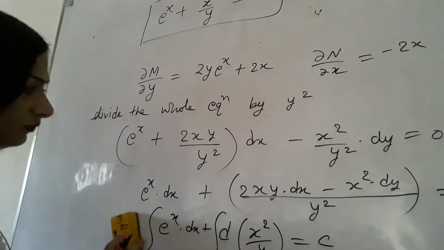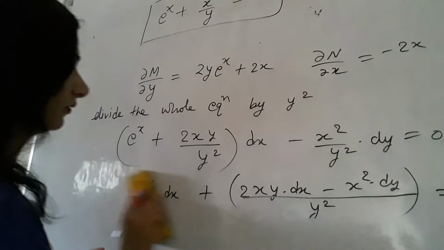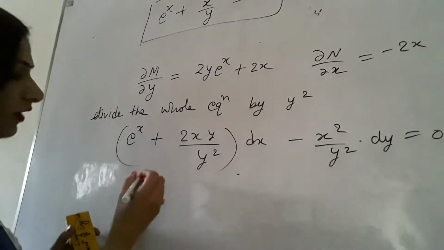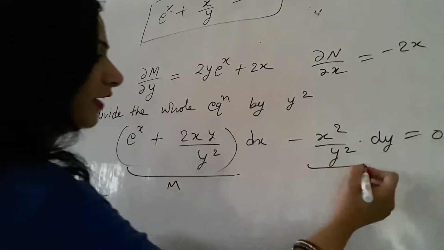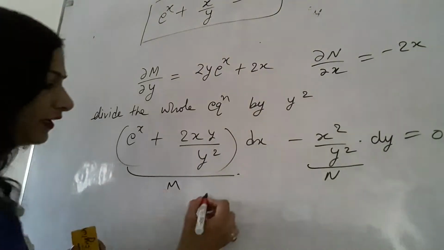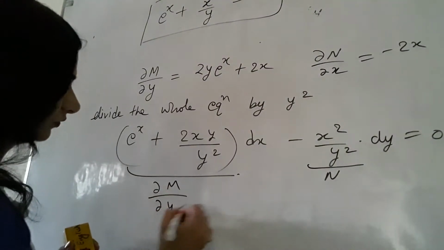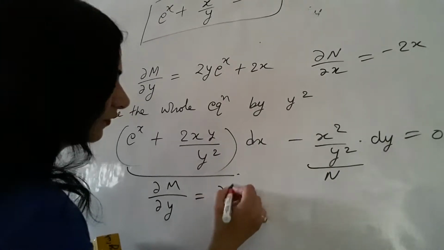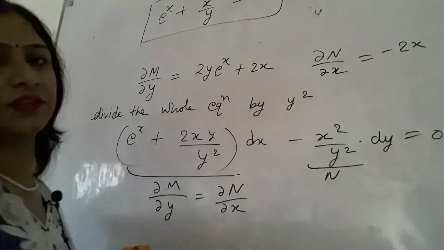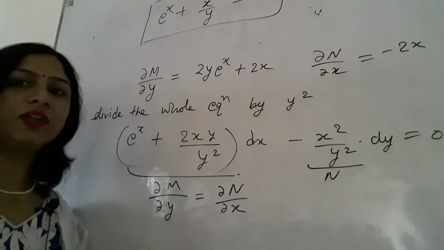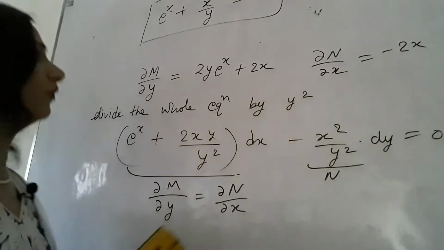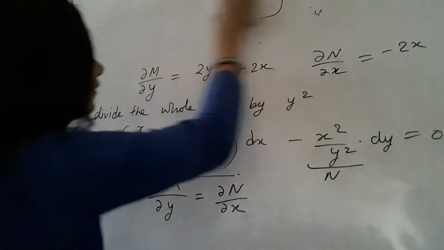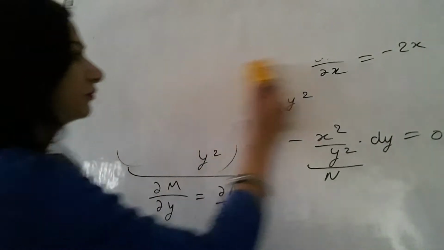Similarly, if we write it as, then we have this is M and it is N, and when we find del M over del y, we get del M over del y is equal to del N over del x. So, it becomes exact and we can also solve it with the help of the solution of exact differential equation.